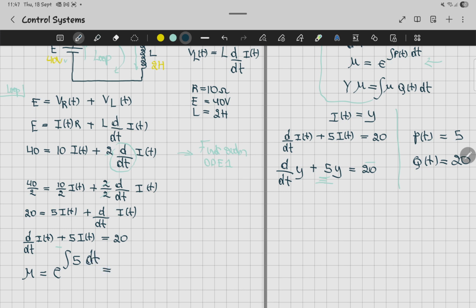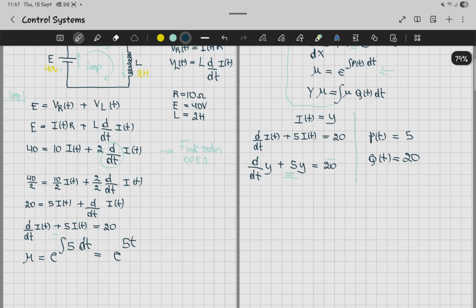If you take the integral of 5, it's going to give us 5t. Okay, so this is what you get for m.